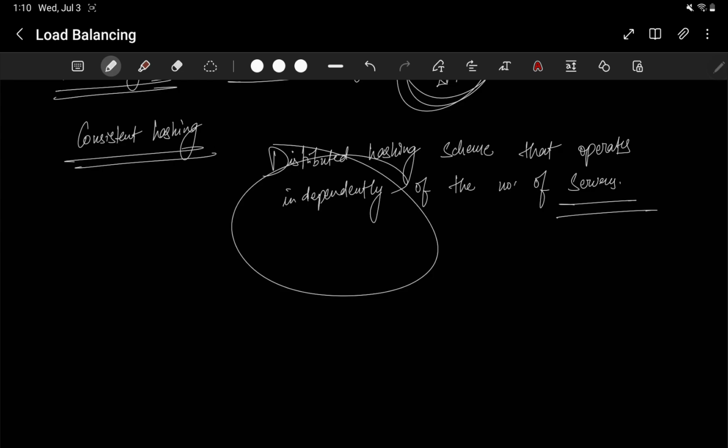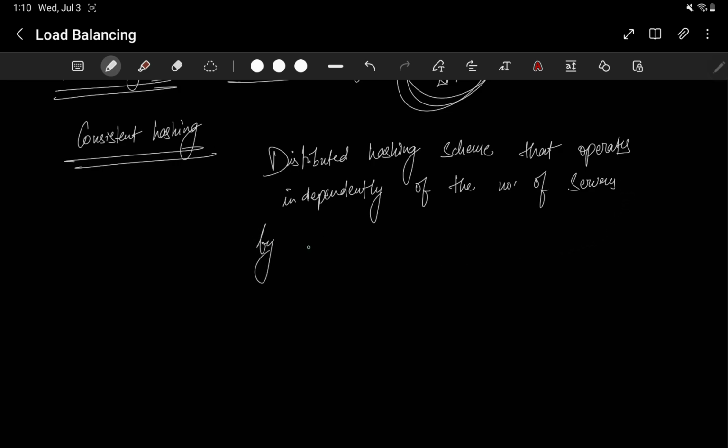If we have to explain it more, it operates independently of the number of servers by assigning the keys a position on an abstract circle.